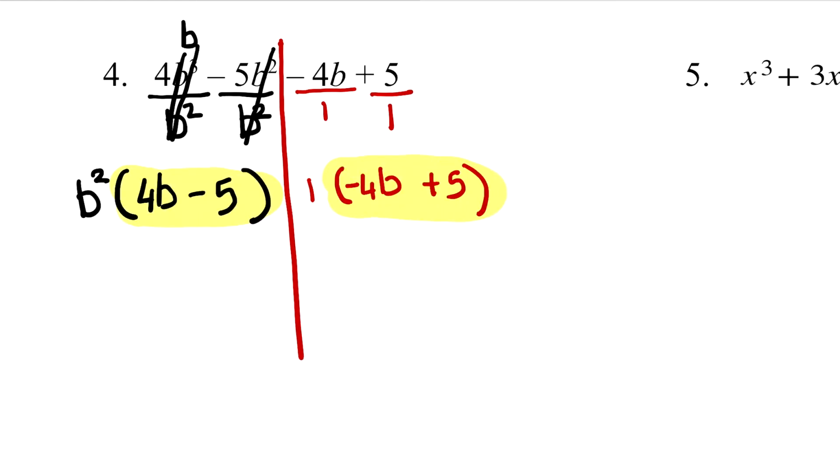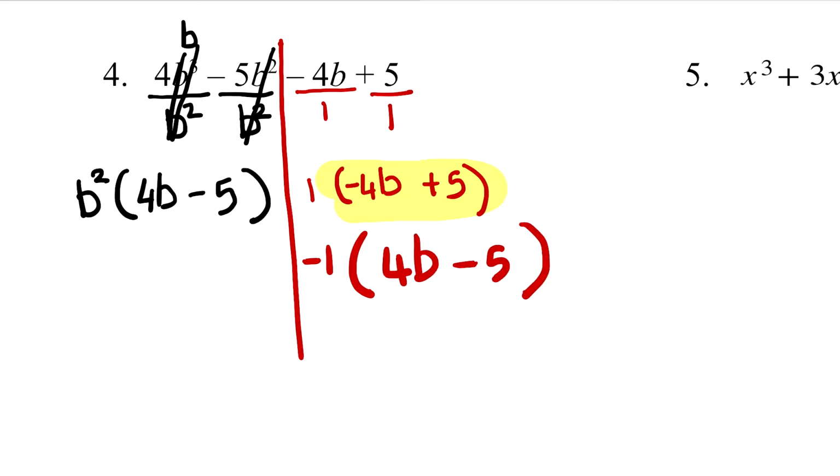But since they're not the same, there's a little trick that we can do. If we look at this term and take out a negative 1, then it now becomes 4b minus 5. Just imagine if you distribute it back in, you get negative 4b and negative 5.